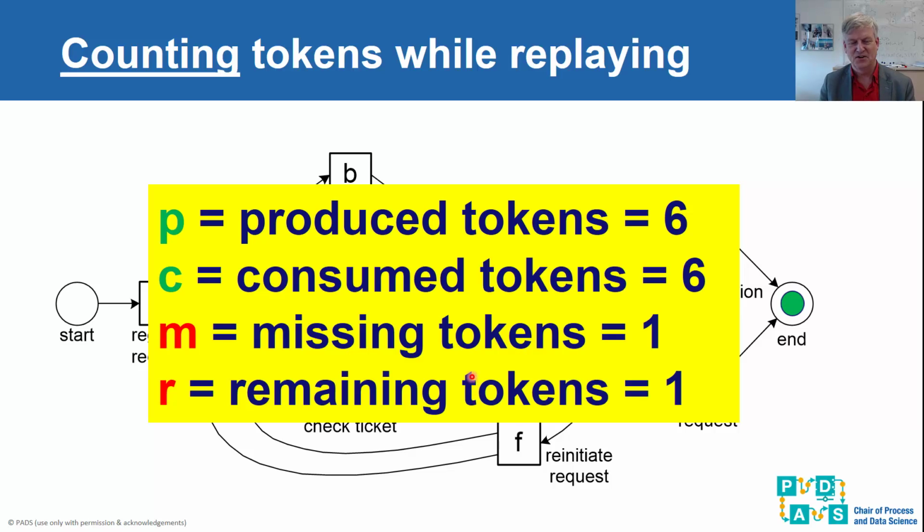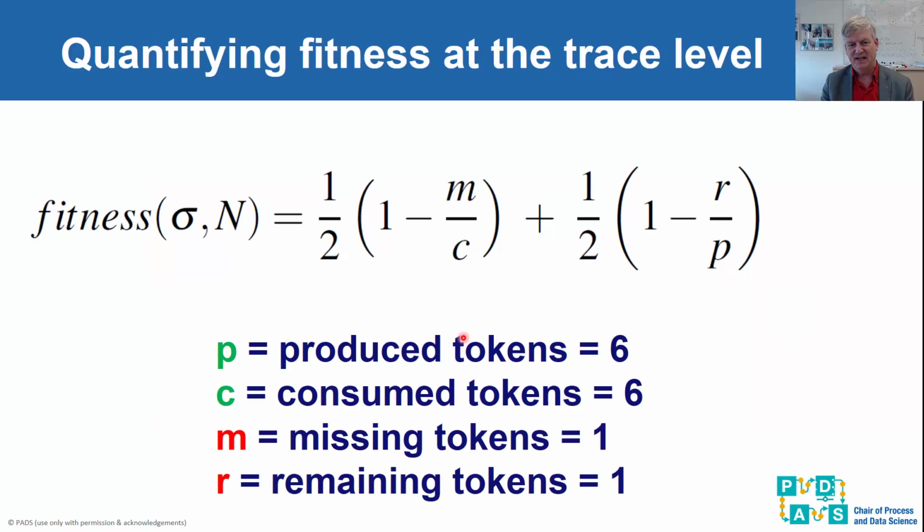And it is of course clear that if we do not have any missing and we do not have any remaining tokens, it's perfect. But the more missing and the more remaining tokens we have, the more problematic the particular trace is.